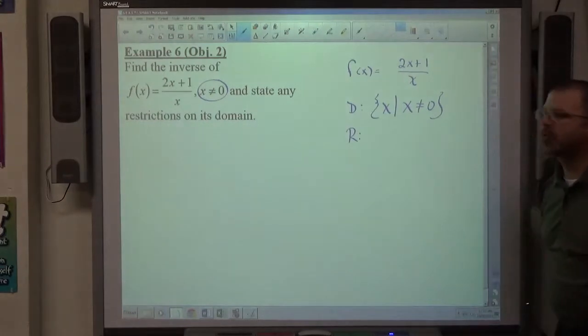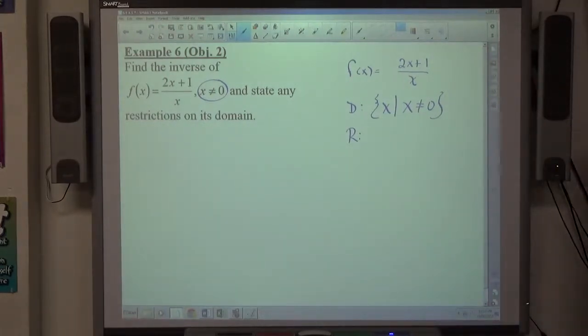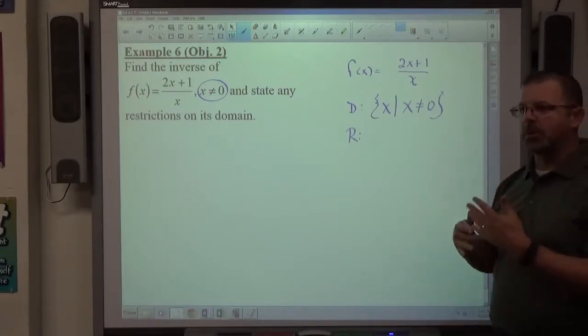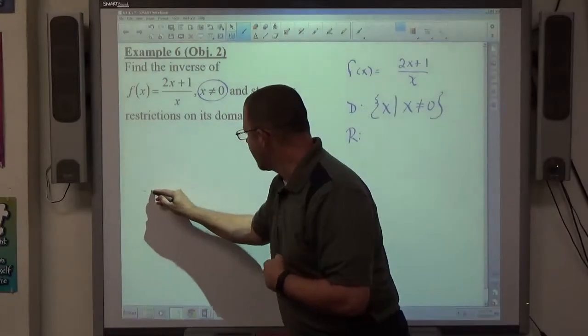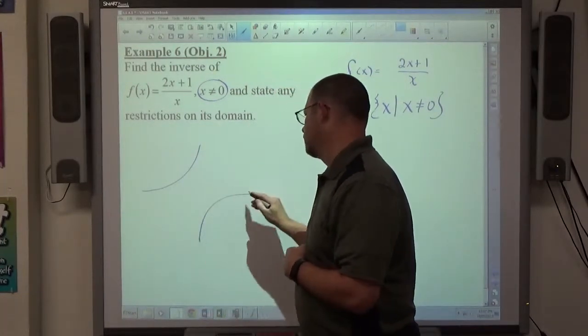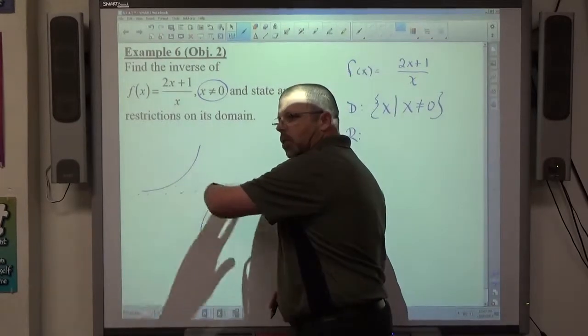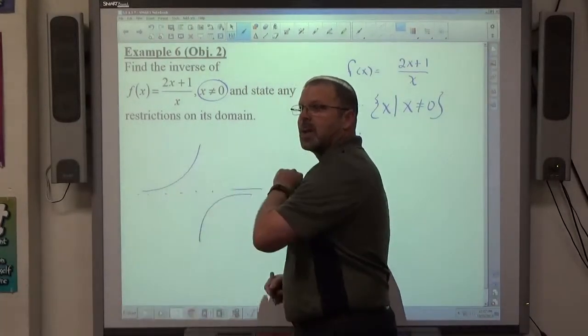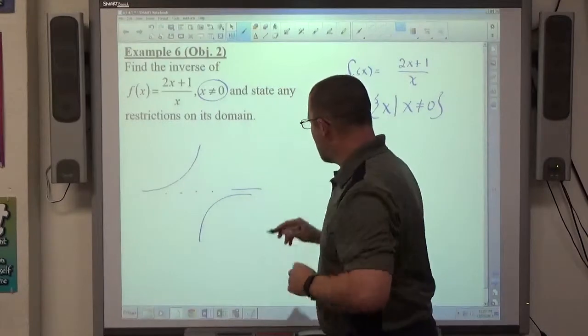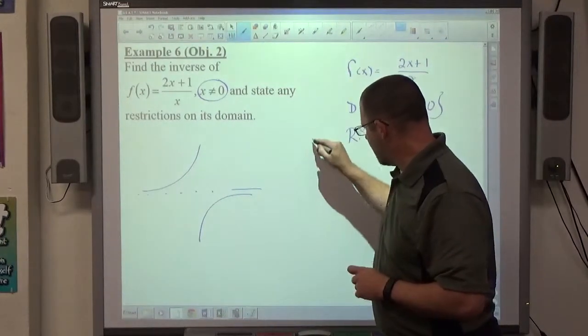As far as range on a rational function is concerned, we've graphed quite a few rational functions in the last chapter, 3.5. Imagine some of the graphs we saw. Ones that went like this, and they had some horizontal asymptote, right? That horizontal asymptote would represent the value of y that's not possible. We also had some that maybe had a slant asymptote.